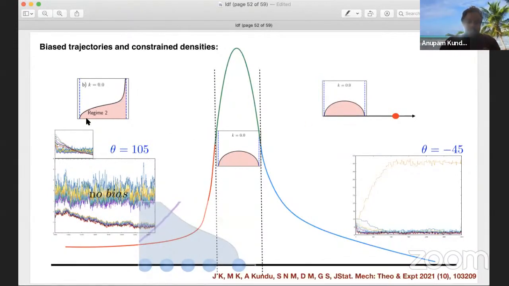This side, the density is looking like this, as if there is some wall which is pushing all the particles, because that is the optimal configuration that actually creates such a large fluctuation. And we have to find out the probability of such density fluctuation.